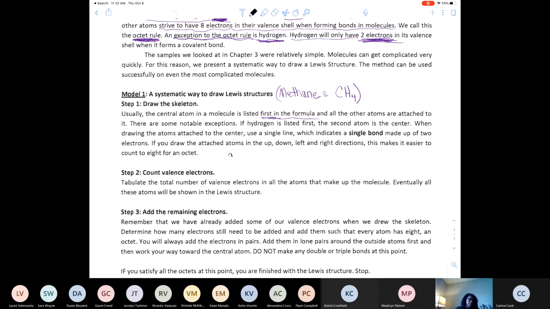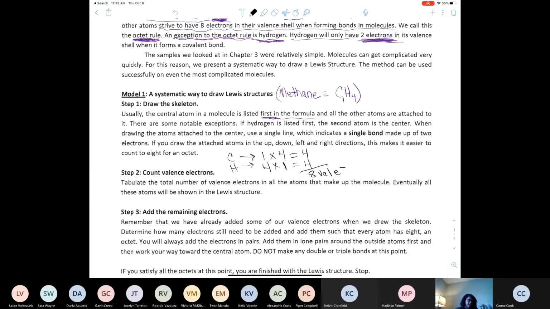For CH4, you take the number of carbons in the formula, there's only one, and multiply it times the number of valence electrons for a carbon atom. Carbon is in group 4, so it has 4 valence electrons. Hydrogen is in group 1, so it has 1 valence electron, and there are 4 of them in the formula, so 4 times 1 gives us 4. Add those numbers together and the total valence electrons for methane is 8.